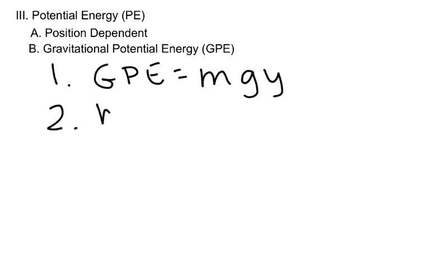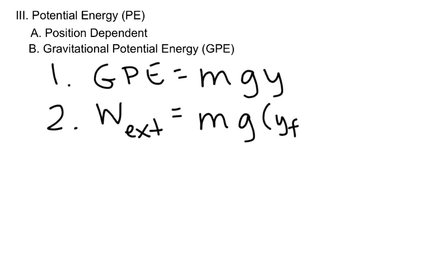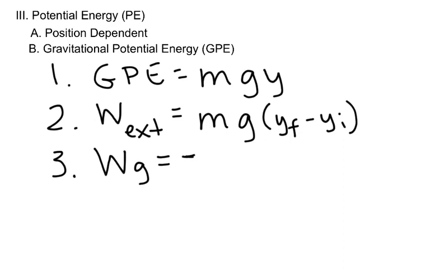We can also talk about an external work value, W_EXT, which is equal to the mass of the object multiplied by the acceleration due to gravity, multiplied by your change in your position, or the change in your height, what I'm going to call your delta y, or your y final minus your y initial. And we also can talk about something called the work due to gravity. And that is equal to the same thing as your external work, but it's a negative. So negative mg times (y final minus y initial).